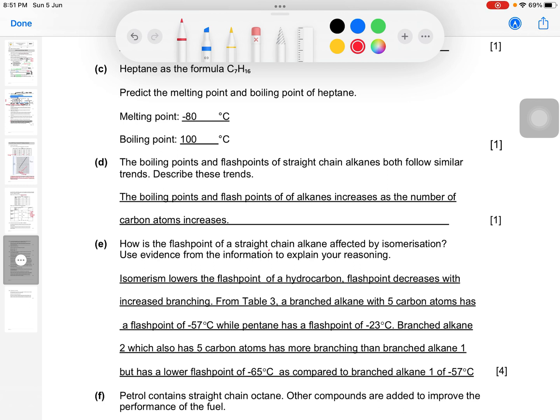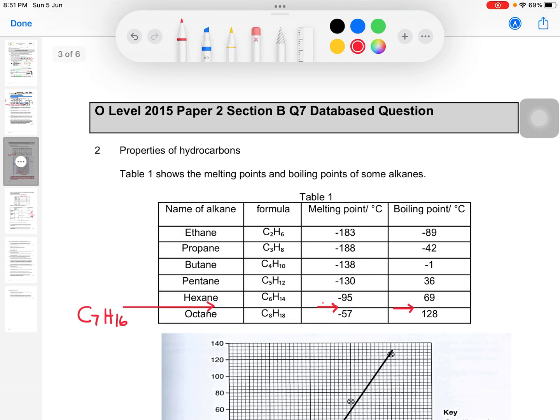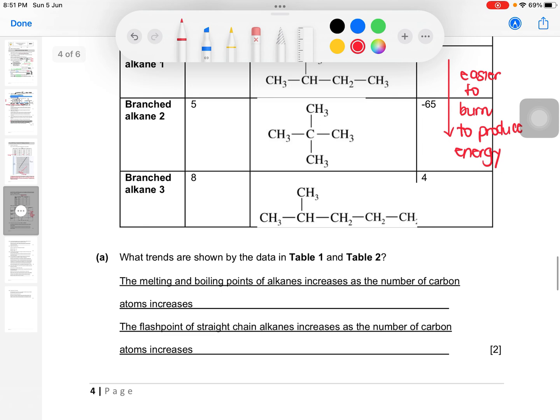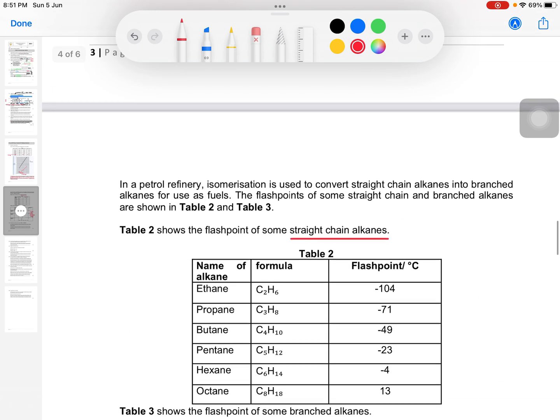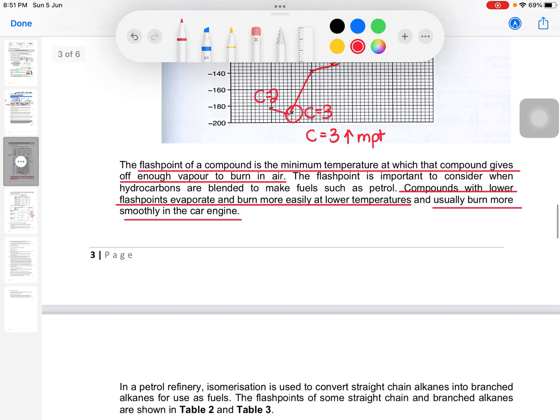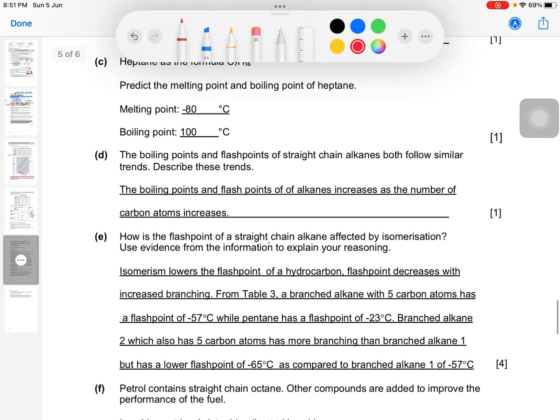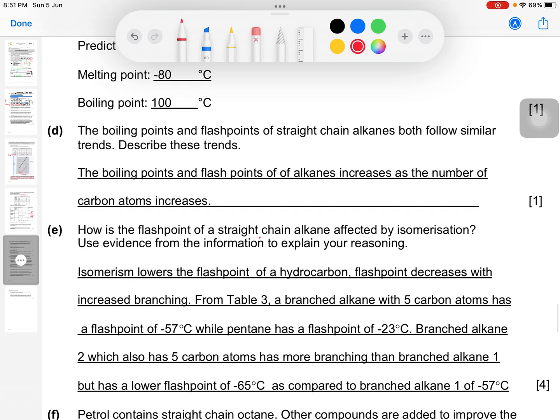As stated in the passage, compounds with lower flash points evaporate and burn more easily at lower temperatures, and burn more smoothly. So isomerism lowers the flash point of a hydrocarbon. Flash point decreases with increased branching.